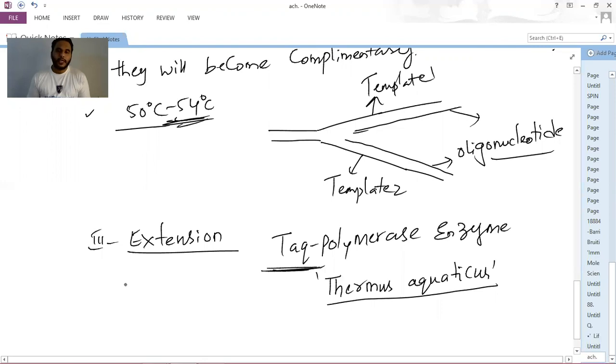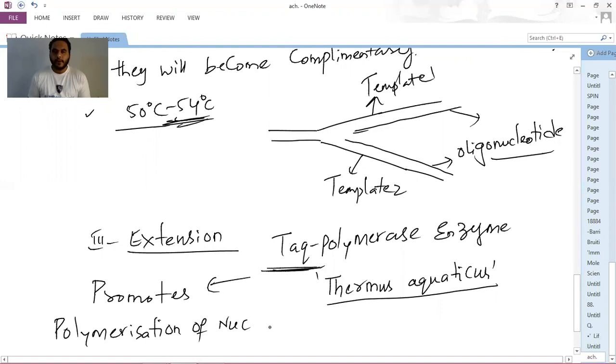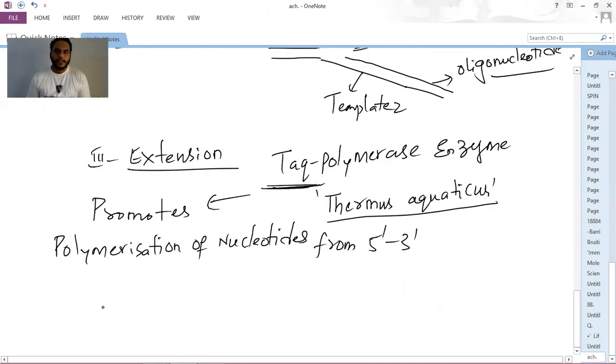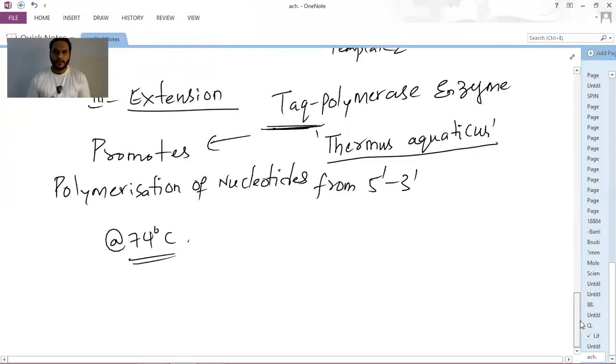This enzyme promotes polymerization of the nucleotides from 5 prime to 3 prime. And this should be done at a temperature of 74 degrees Celsius.